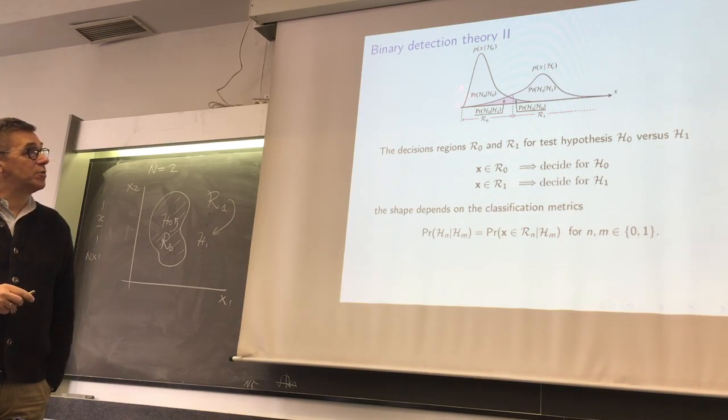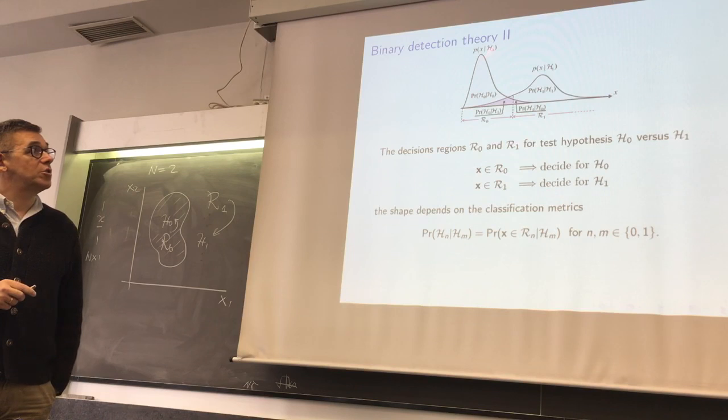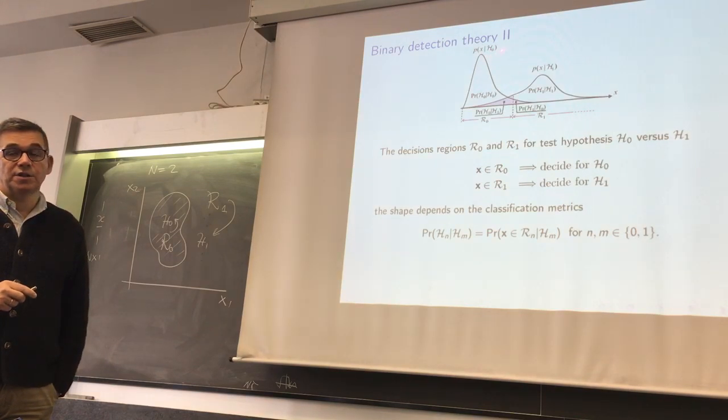Assuming that I know the probability of X given H0, which is the probability density function for X assuming the class is H0, this is the behavior of the probability. And this one is the probability of x given that the class was H1.